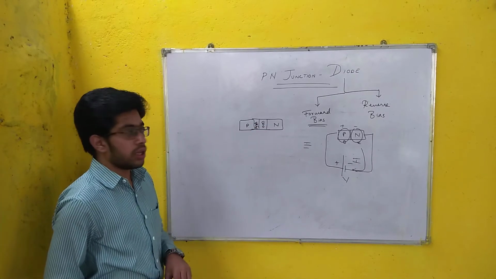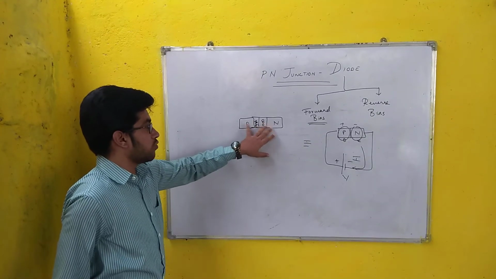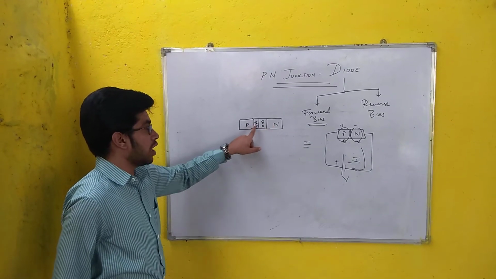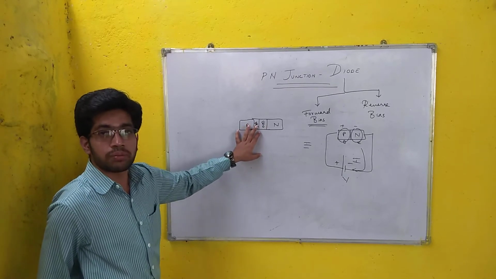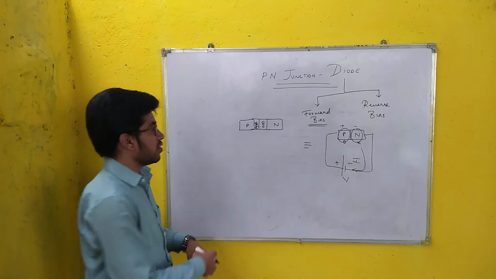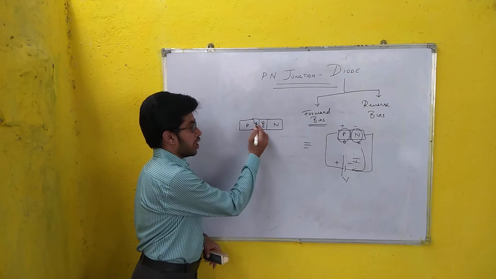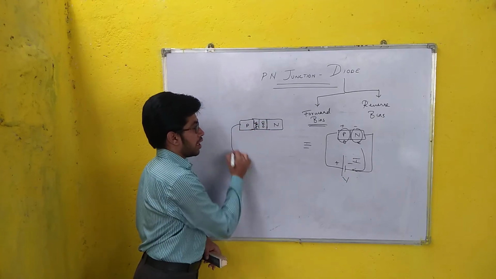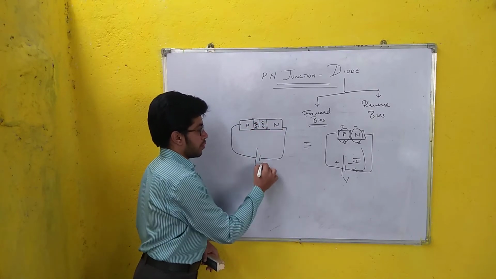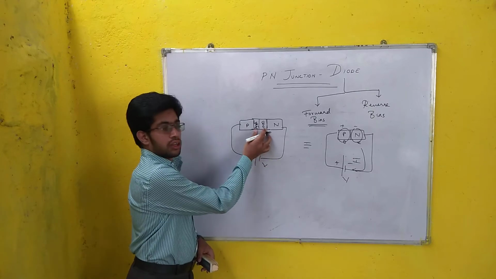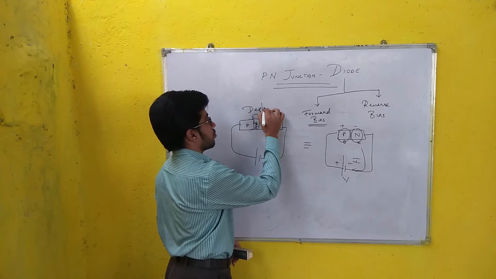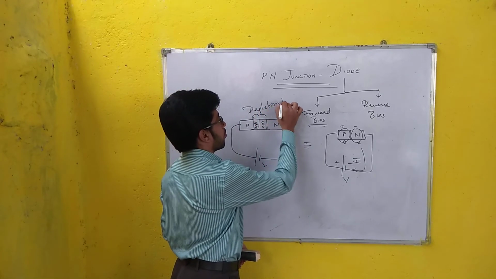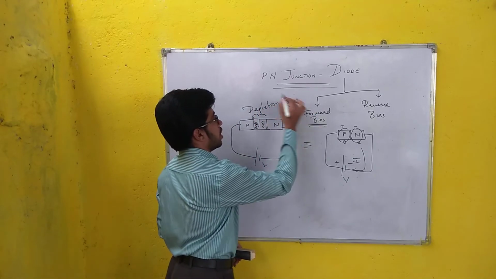That is, N will not accept any holes from P and P will not accept any electrons from N. So these get accumulated over here and make a barrier. A barrier is created. This barrier is called the depletion layer.